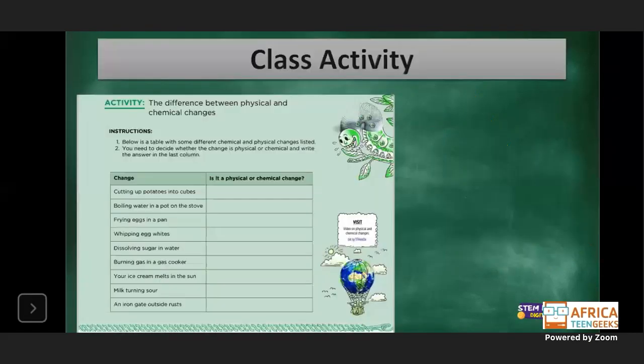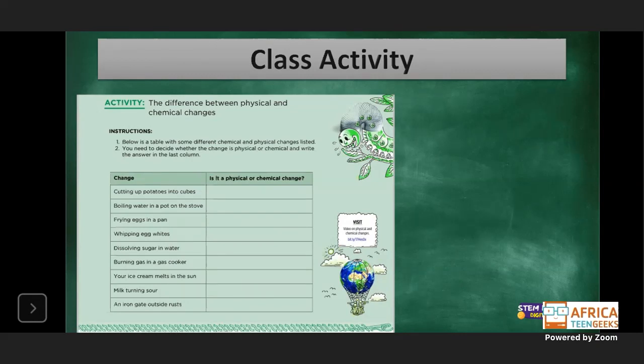All right. So we're just going to do a quick activity, basically to differentiate between physical change of a compound or substance and chemical change of a compound or substance. This activity we got from the Siyavula textbook, and it reads as follows: the difference between physical and chemical changes.